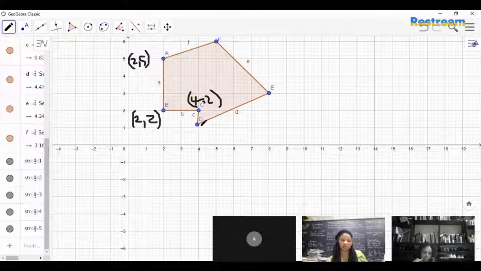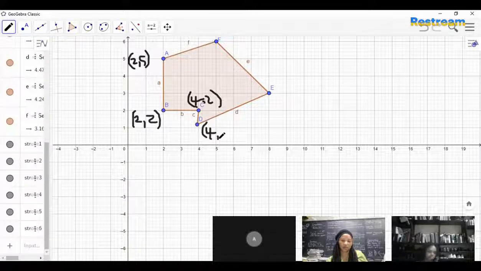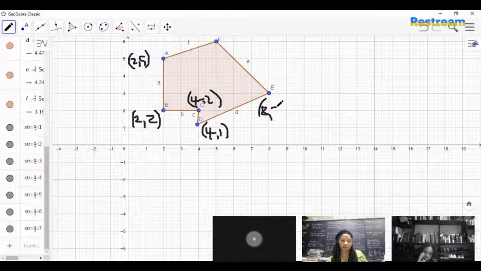For D, 4, 1. For E, I think it's 4, 3.9.